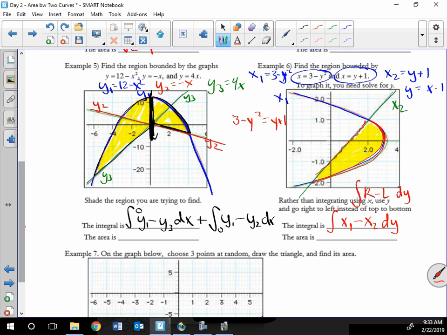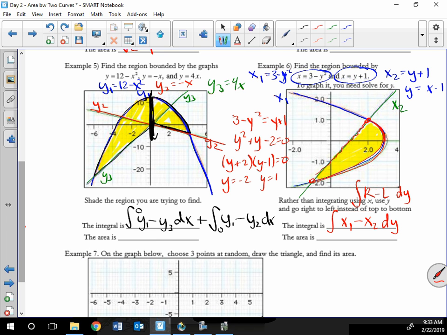I'm going to add my y squared over. So I have y squared plus y minus 2. Did I do that right? So that would factor into y plus 2, y minus 1. So I get intercepts of y equals negative 2 and y equals 1. Let's make sure that was right. Yeah. So y values, negative 2 and positive 1.